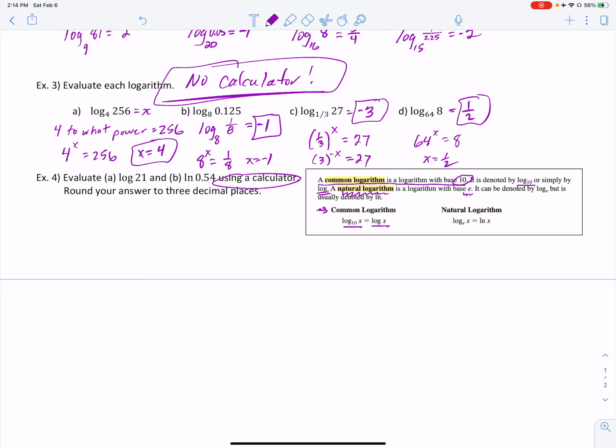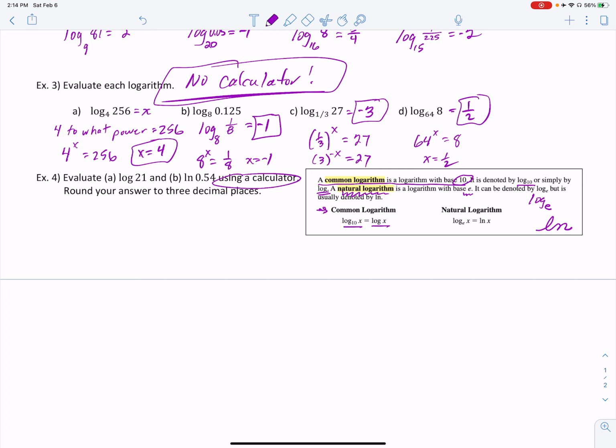But then we have the natural logarithm, and its base is e. We've seen e, it's 2.7 something about. It's a number between 2 and 3. It means this, log base e, and then you have your argument equals the exponent, but we do not write it log base e like that. We get a special notation, and it's ln.